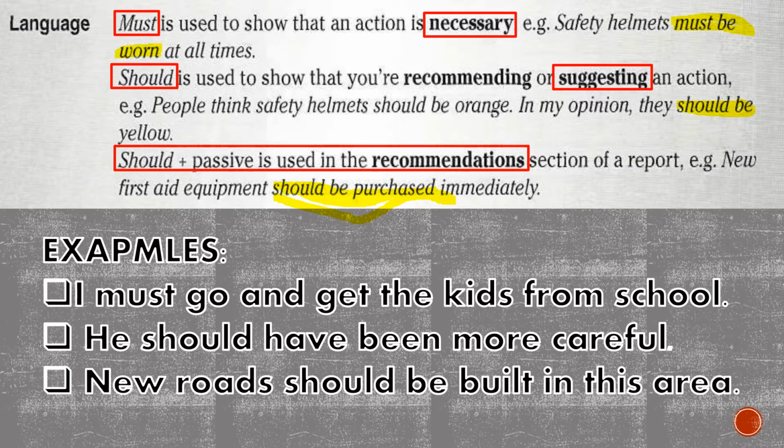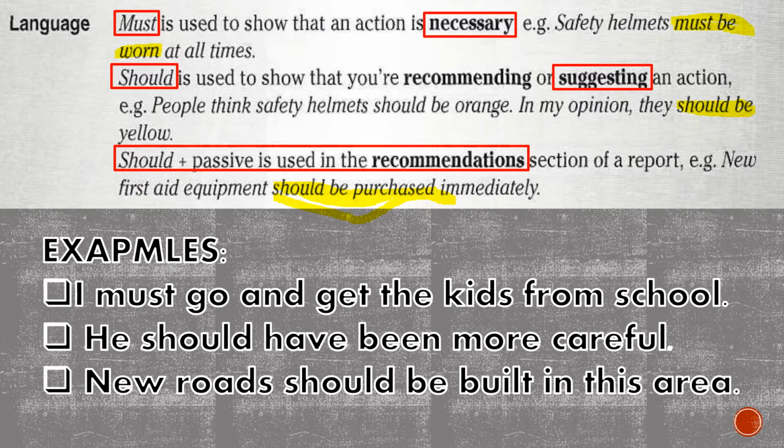Maybe the manager of the company is recommending something. He recommends that new first aid equipment should be purchased immediately. Here we use should and be and purchased, which is the past participle of the verb purchase. Purchase means buy. Purchased means bought. To be bought, immediately. Here is a recommendation.